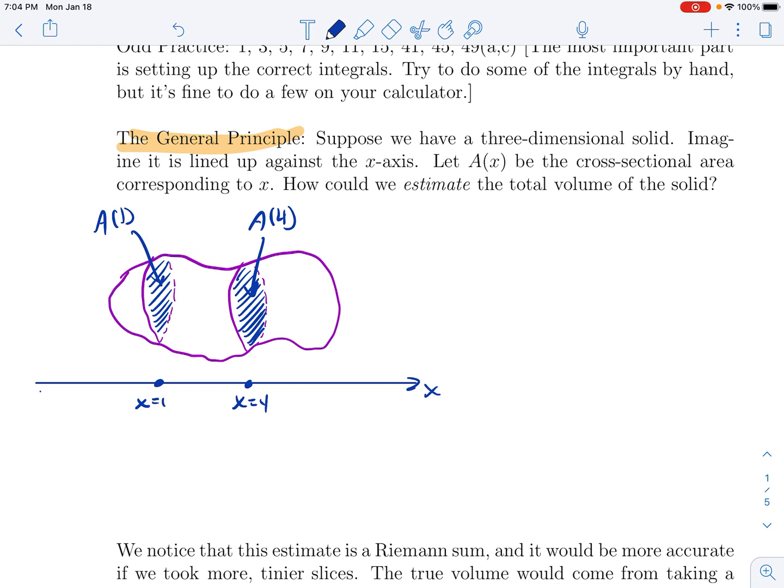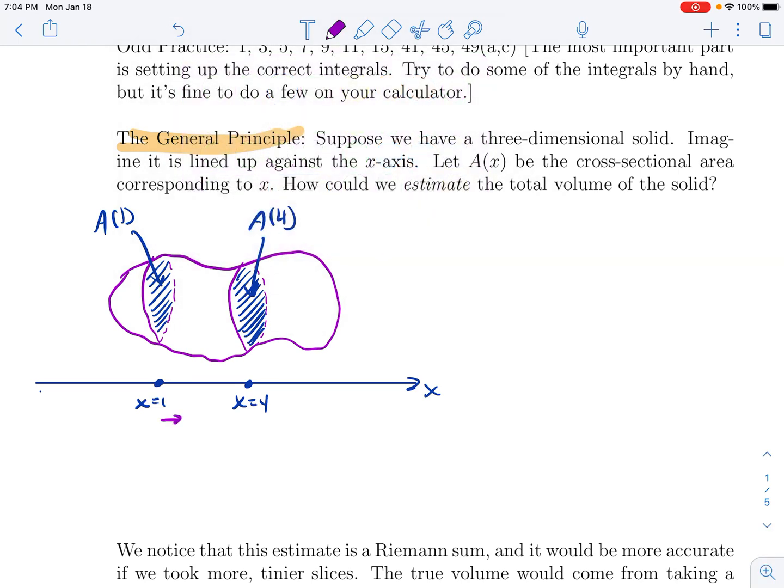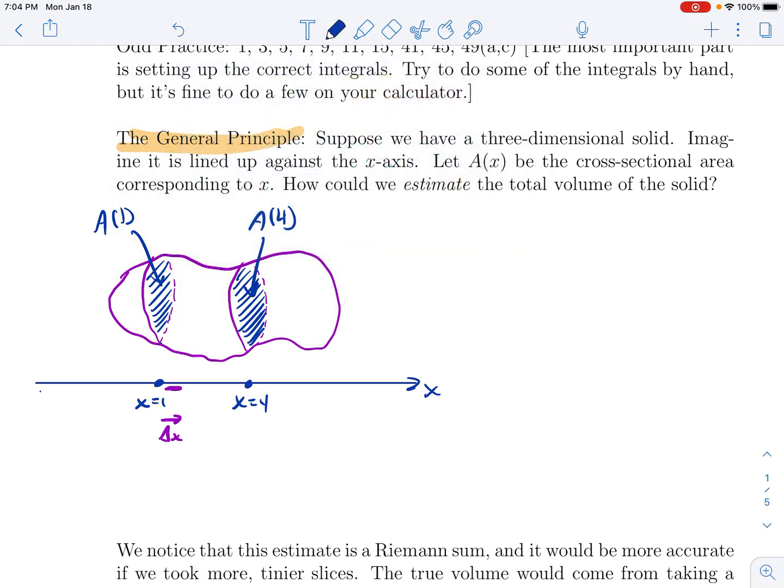So what we could do is imagine that we break this up into smaller solids. So what I could do is take a little delta x here, and I could imagine taking this two-dimensional thing and turning it into something three-dimensional.